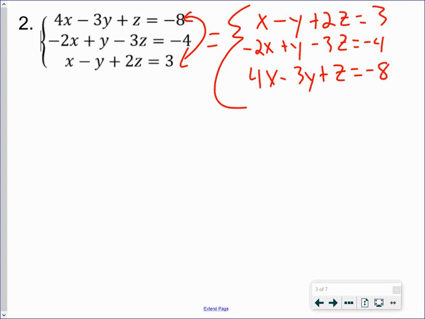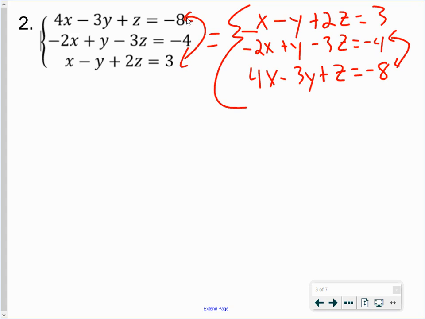And I just want to say again that your second two equations right here, you can swap these if you want to. It really doesn't matter. The most important thing, like I said on the previous slide, is to make sure your coefficient of x is 1, because it will make your life so much easier if it's like that.